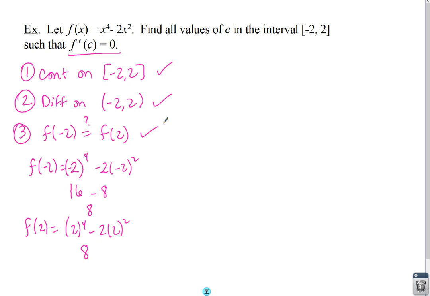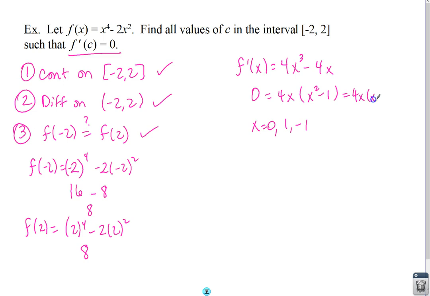So then I want to find where f prime of c is equal to 0. F prime of x is going to be 4x cubed minus 4x. Set that equal to 0. I'm going to factor out 4x, and I'm left with x squared minus 1. So x is equal to 0, 1, and -1. Because remember, this is going to factor, x minus 1, x plus 1.